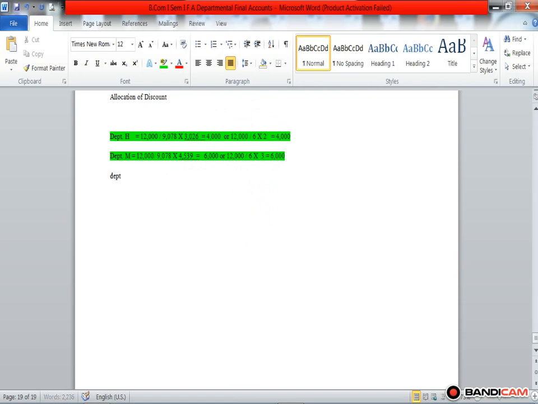Now department T is equal to the same, 12,000 divided by 9078 multiplied by 1513, so is equal to 2000.